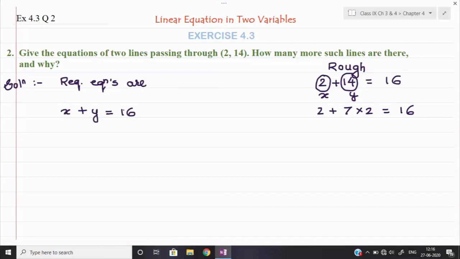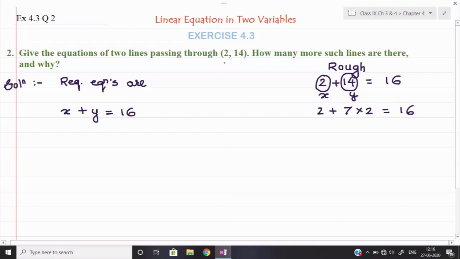So we can say that 2 comma 14 is satisfying the equation, because if I put here 2 and the value of y 14, so 2 comma 14, 2 plus 14, it is coming here as again 16. So I can say that this equation is definitely passing from 2 comma 14.